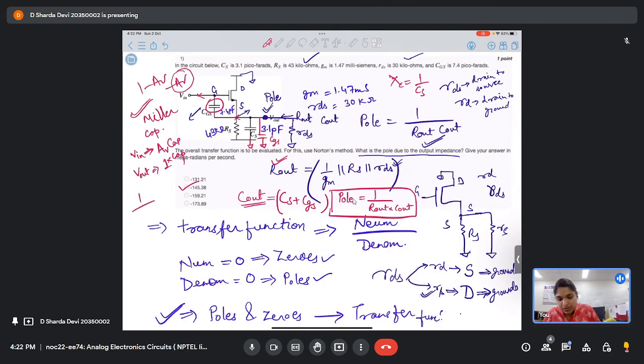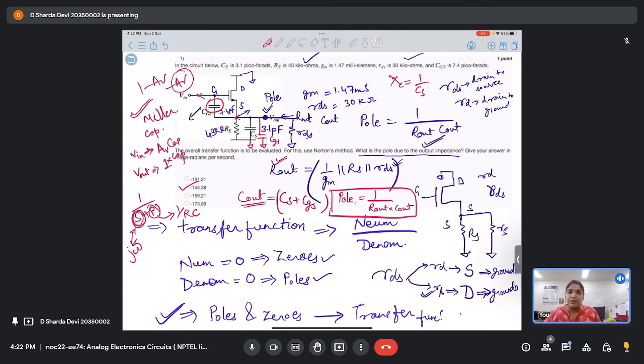So the pole is 1 by S plus P, and 1 by RC will actually give you this P. This P is 1 by RC. And this S, the Laplace variable, that is j omega, we have not used. So while forming the transfer function, you'll introduce this also.